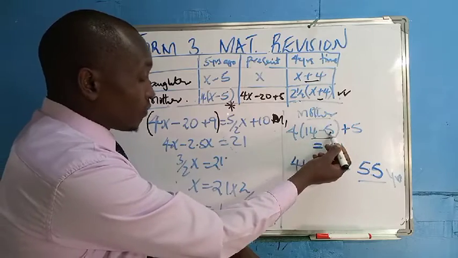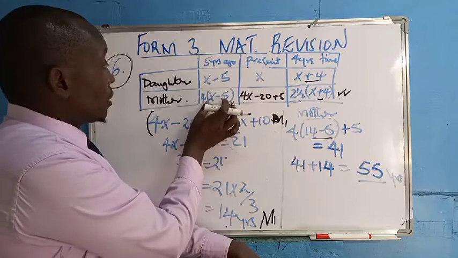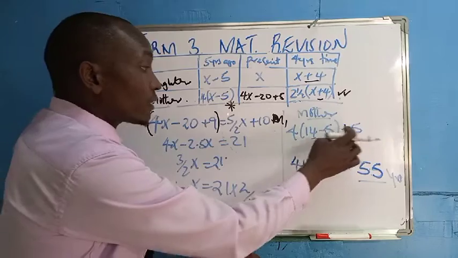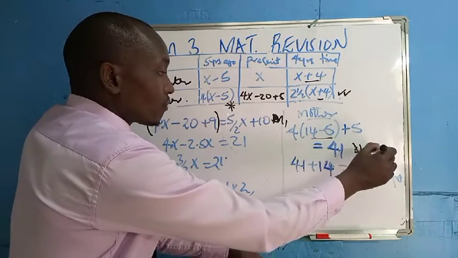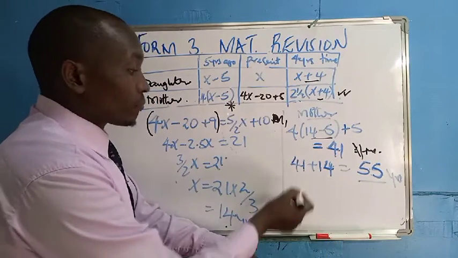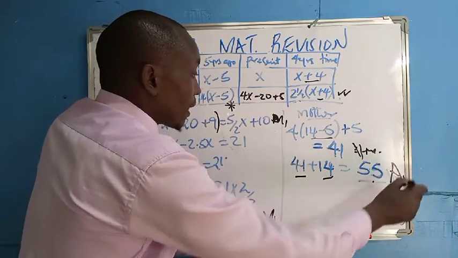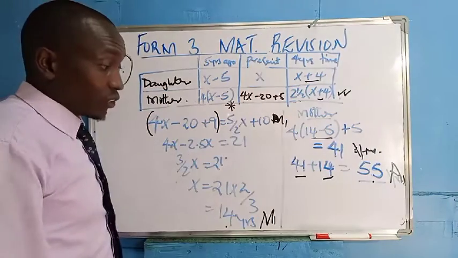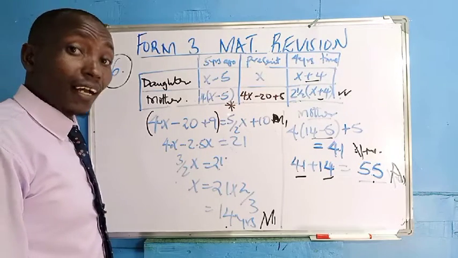Like 14 minus 5, yes, 14 minus 5, the age of the daughter 5 years ago times 4, you get the age of the mother, plus 5, 41. So the mother is 41 years at the present. Then the sum, 41, the age of the mother, the age of the daughter, add them, you get the answer 1. A very tricky question, but not very difficult for my student to reason out that. Yes, try to practice such questions, my friend.